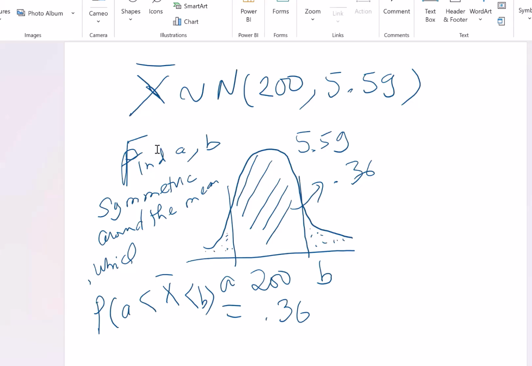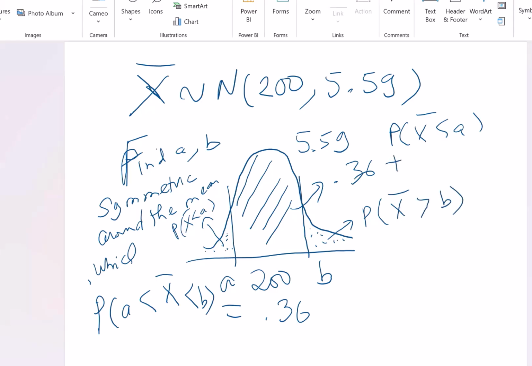In this case, you can see the area in the middle, which is the dash here, is 0.36. And the total area under the curve is 1. So we have X bar less than A, which is this first part here, and this is the second part, X bar greater than B. Plus X bar from A to B, plus X bar greater than B equals 1.